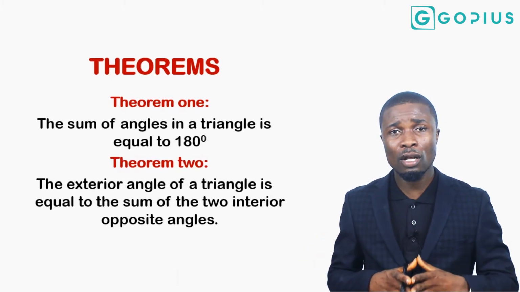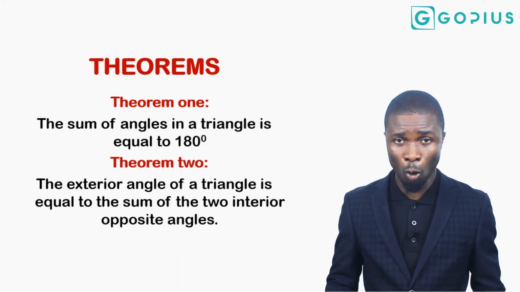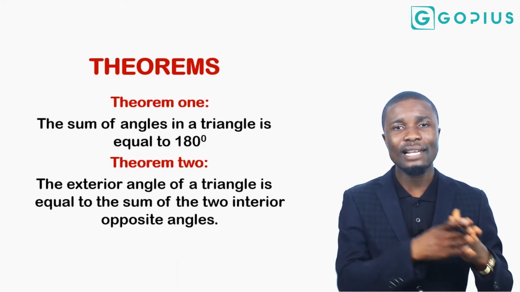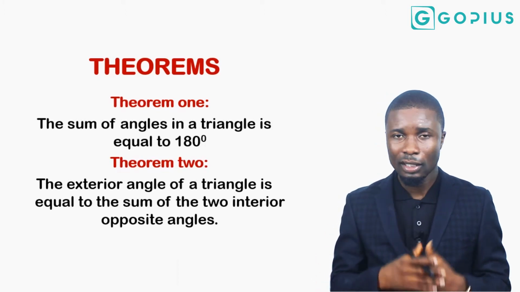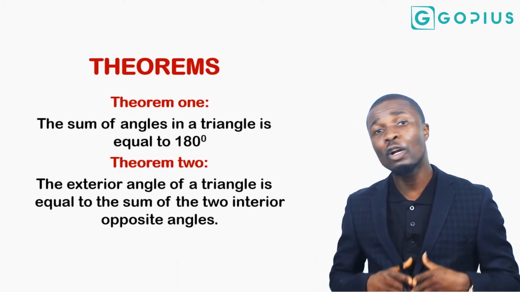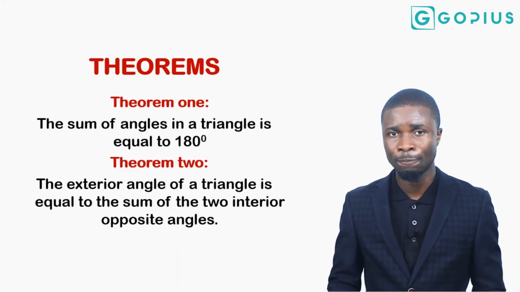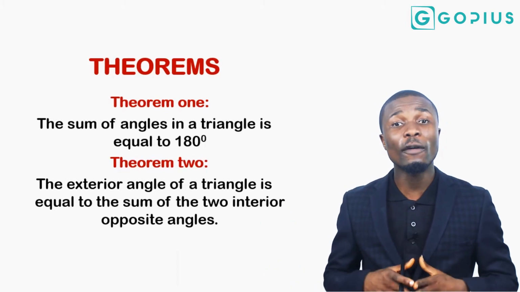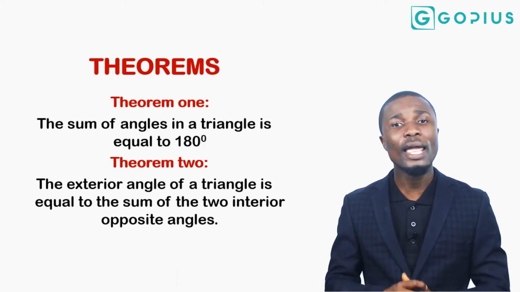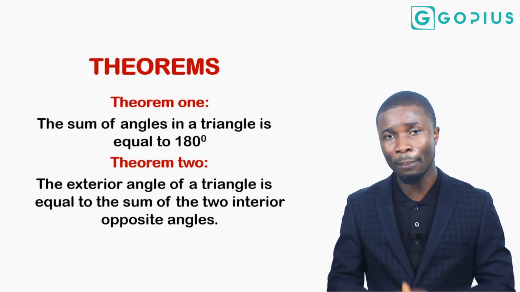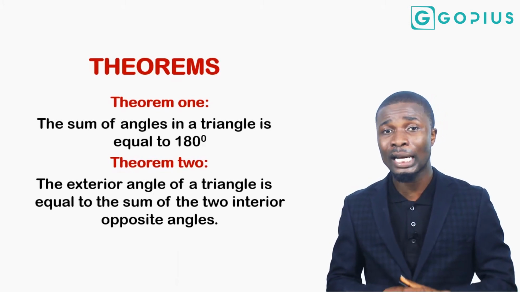If you look at the isosceles triangle for instance, where two angles are equal, if you have something like 70, the other one is also 70, that's 140. That means you have only 40 degrees left to make 180. That will be the value for the last angle. So the first theorem of triangles says that all the three angles of the triangle will always add up to 180 degrees. The sum of angles in a triangle is 180 degrees.